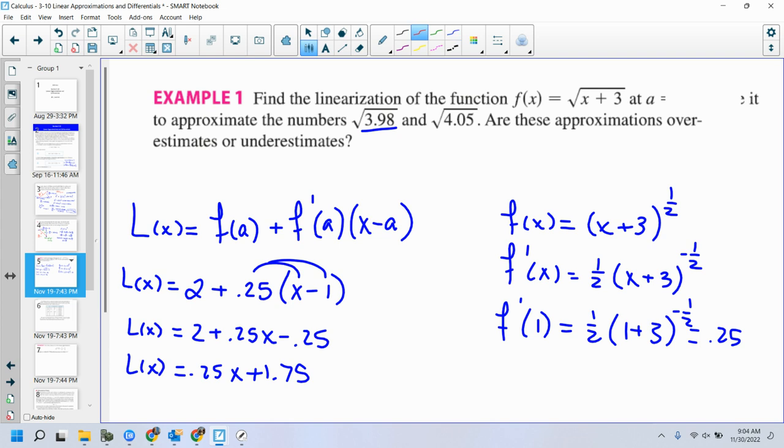Kind of switching gears now, solving the rest of this problem. What is the x value that gives me 3.98? X plus 3 is 3.98, right? What x value achieves me getting to 3.98? 0.98. When x is 0.98.